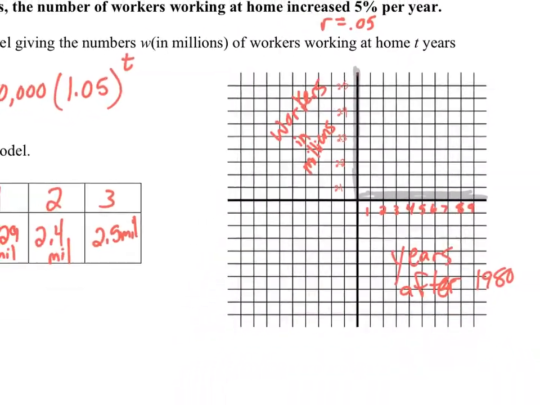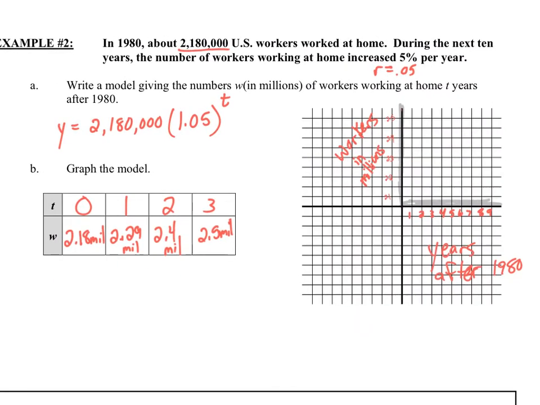Okay, so if we plot our points, the first point is 0, 2.18. So 0, 2.18 is going to be right about here. Then we have 1, 2.29, 2, 2.4, and 3, 2.5.